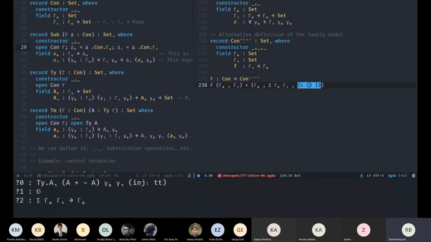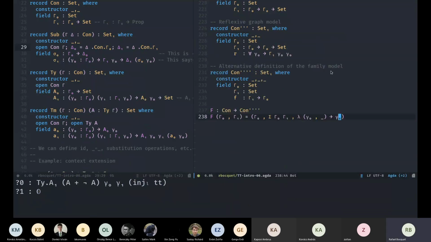And then for this function, we project the element of gamma 0 from this pair.